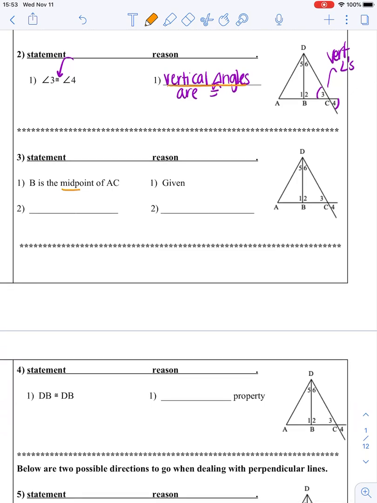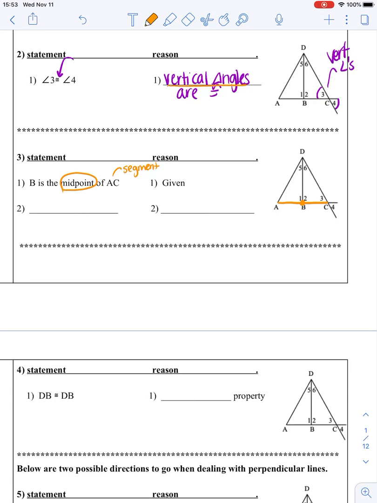So let's look at number 3. B is the midpoint of AC. So I go over here and I look. B is the midpoint of AC. So that's the middle of a segment, okay? AC is a segment. So when you are in the middle of a segment, you get 2 segments back. So when you bisect an angle, you get angles.